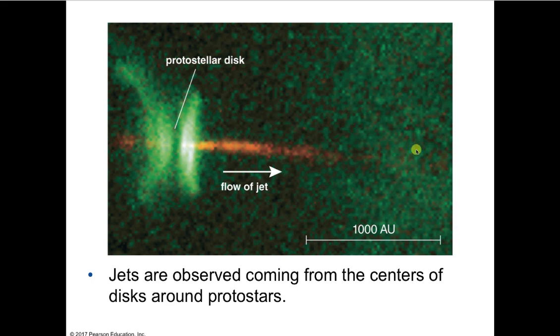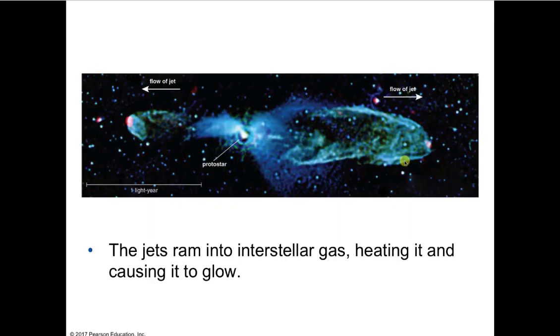Those have a name. They're called Herbig-Haro objects, named after the people who discovered them. They didn't know what they were at first, so they just called them objects. But now they realize that they are associated with these jets coming out of these new stars. So there's this way of exciting the interstellar medium, the gas, far away from a forming star through these violent jets that are coming out.